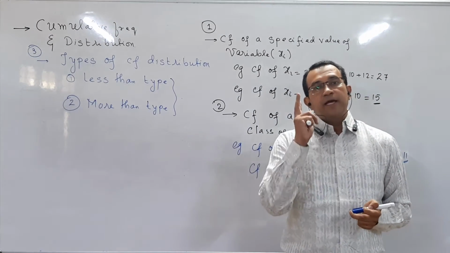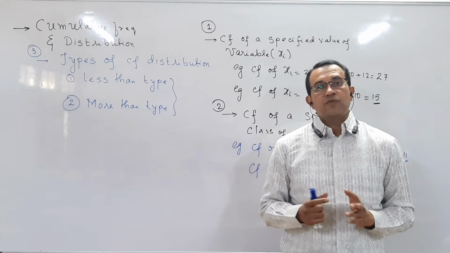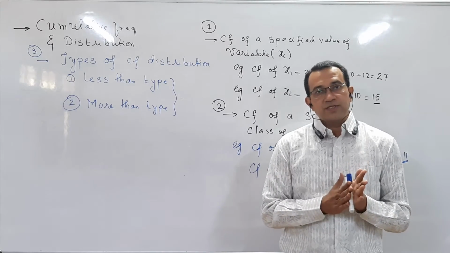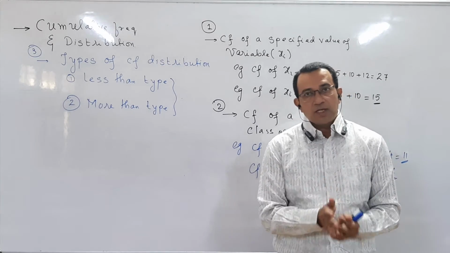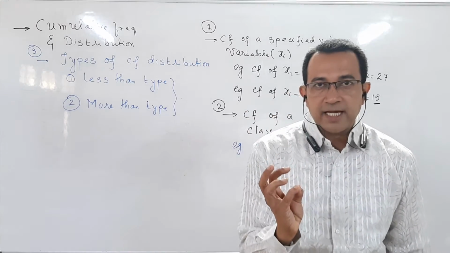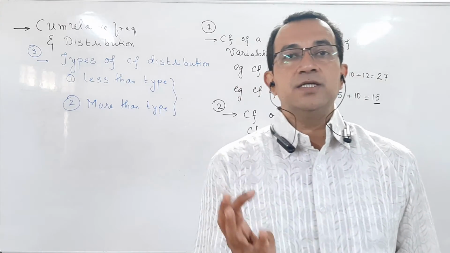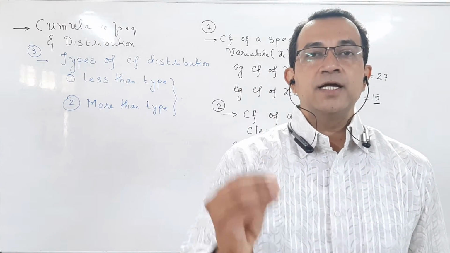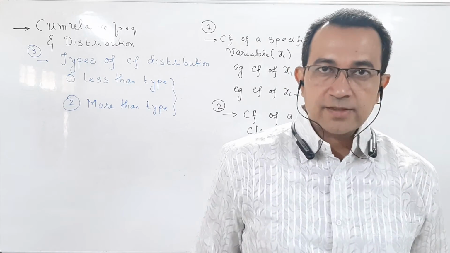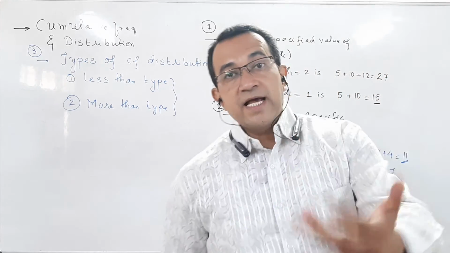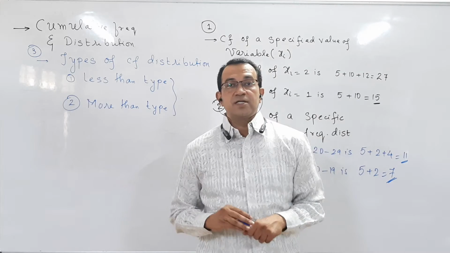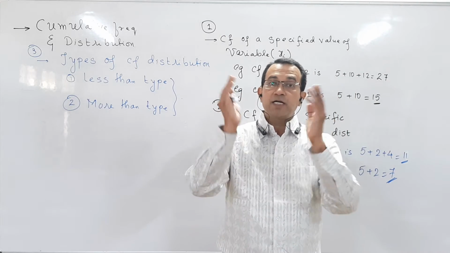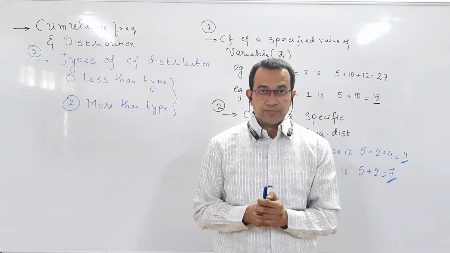Basically, there are two types of cumulative frequency distribution. One is less than type and the other is more than type. Clear? Now, what is less than type cumulative frequency distribution? Especially when a continuous distribution is there.